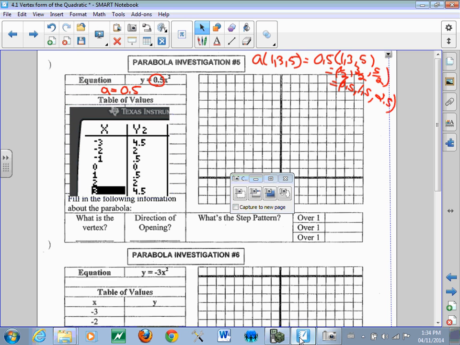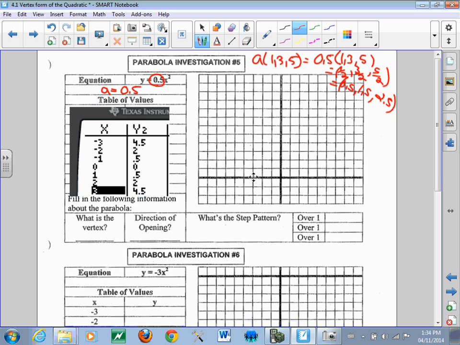Taking a look at our table values, look for the turning point again. Our turning point is 0, 0, which is our vertex. Now our step pattern changes, finally. So watch this carefully, please. As I go over 1, instead of going up 1, I'm going up 1/2.